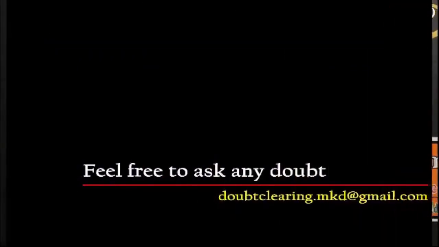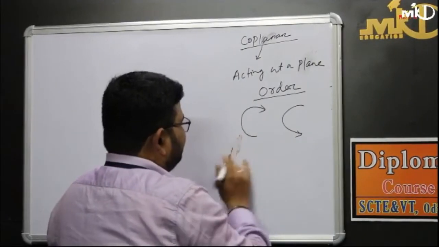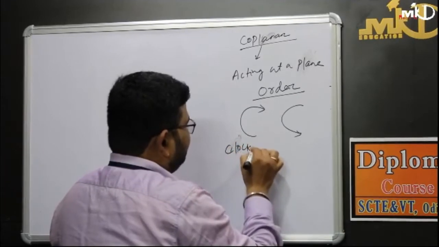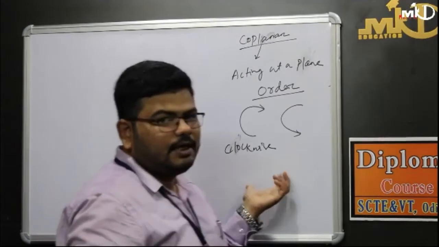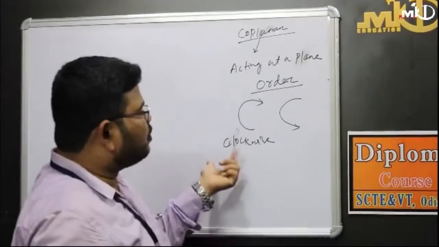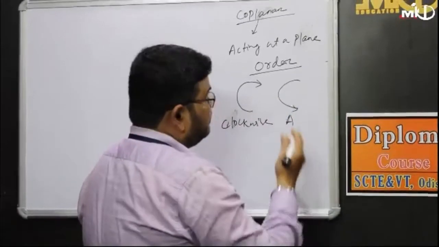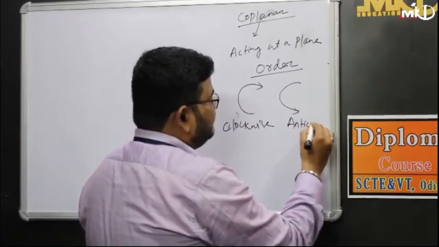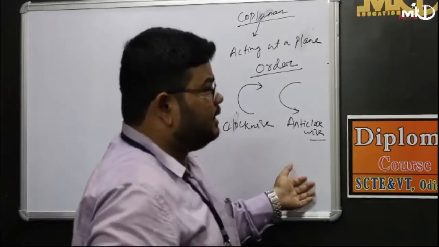Either it will be clockwise or it will be anti-clockwise. What do you mean by clockwise? The direction in which the clock rotates is known as clockwise direction, and the direction opposite to the clock is known as anti-clockwise direction.